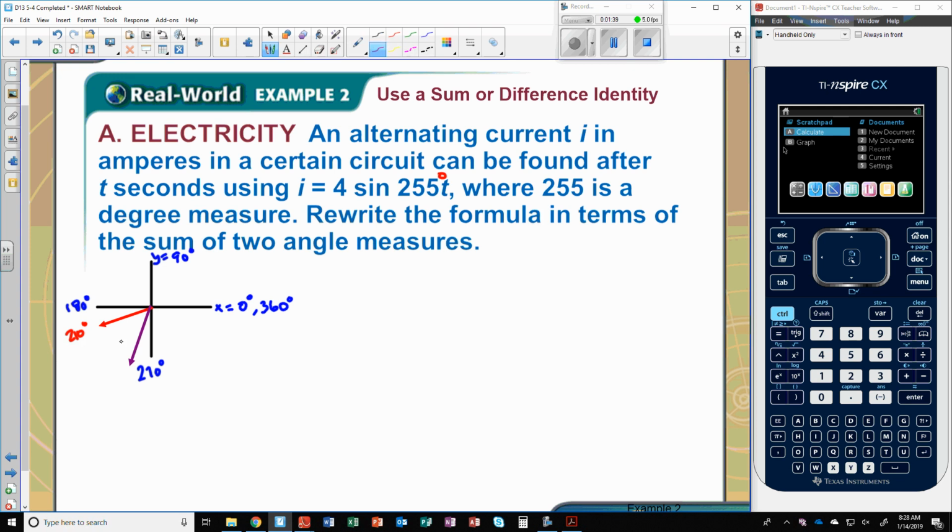So I'm going to put 255 here, and we need to have 45 degrees here. So that's what I'm going to do.